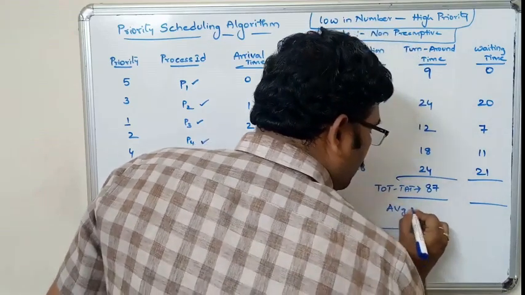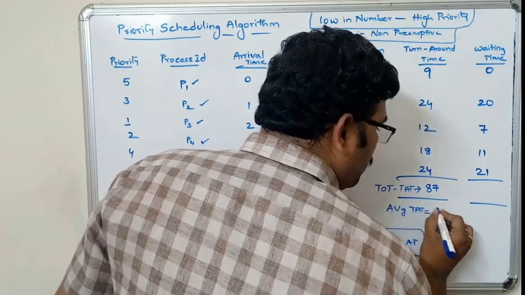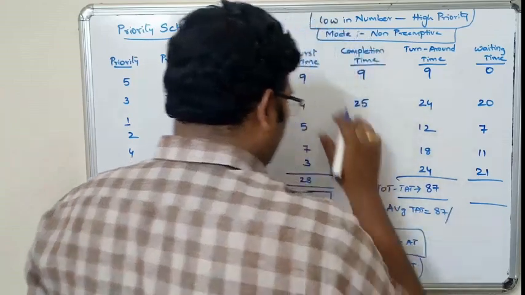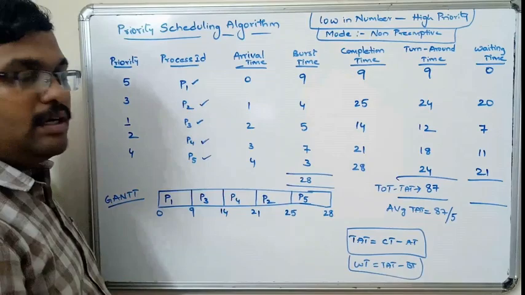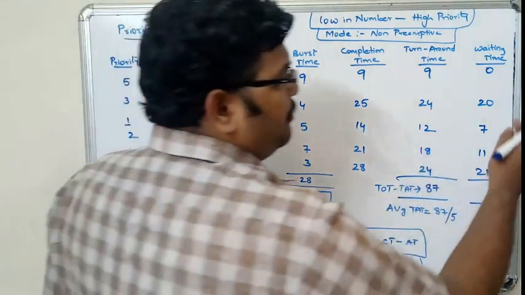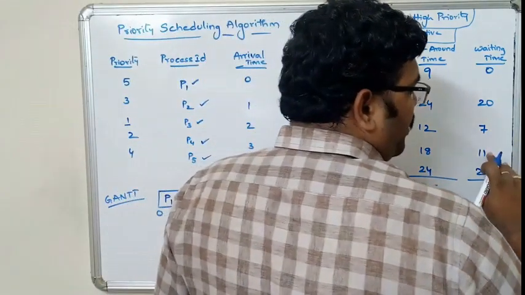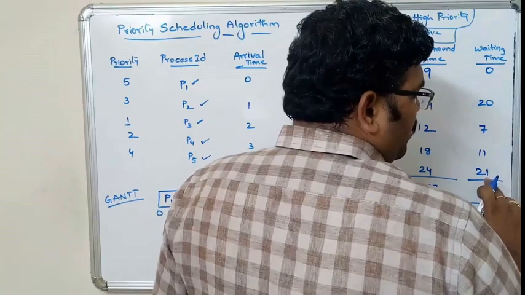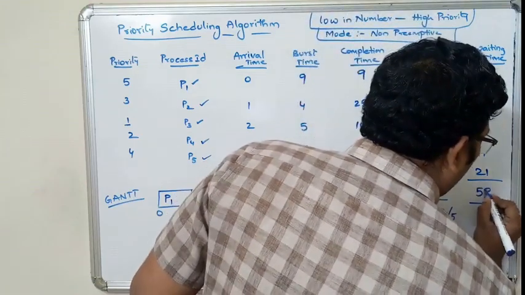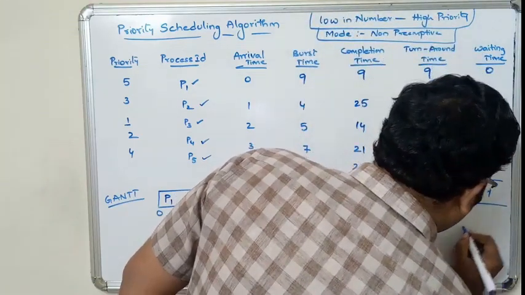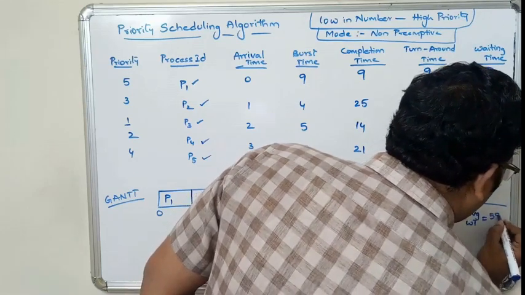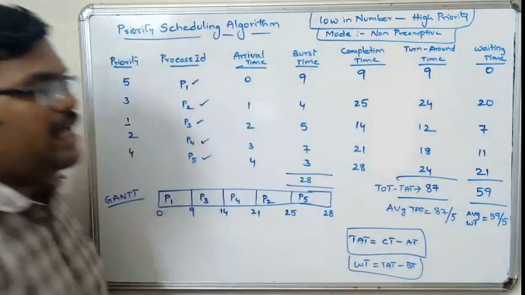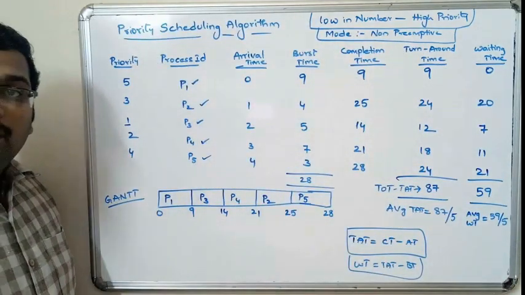So average turnaround time is equal to 87 divided by how many processes are there? 5 processes are there. This is the average turnaround time. Now waiting time, 20 plus 7, 27, 38, 59. So here the average waiting time is equal to 59 by 5. This is the average waiting time.